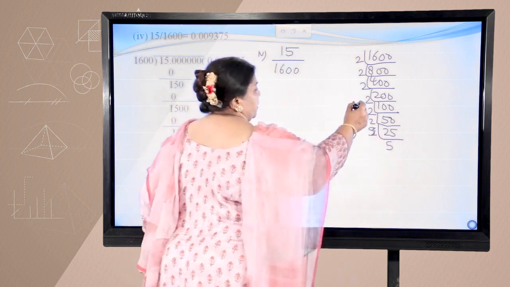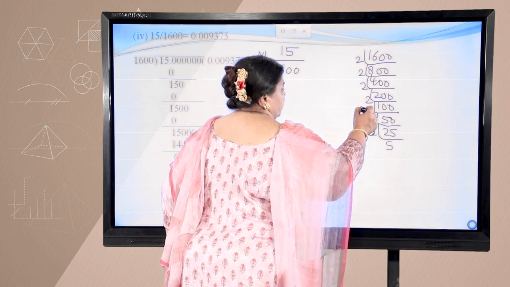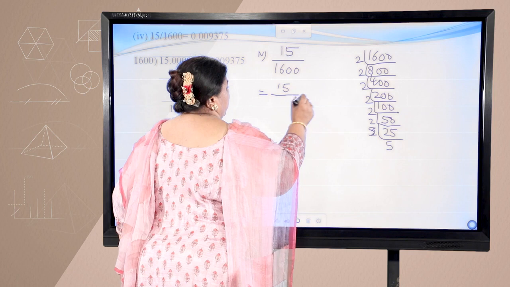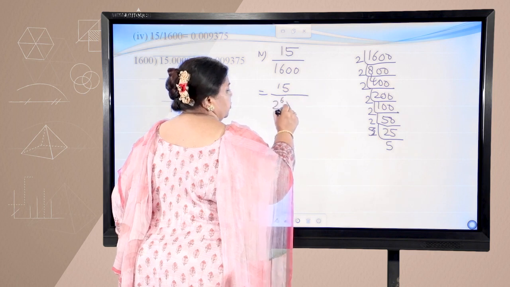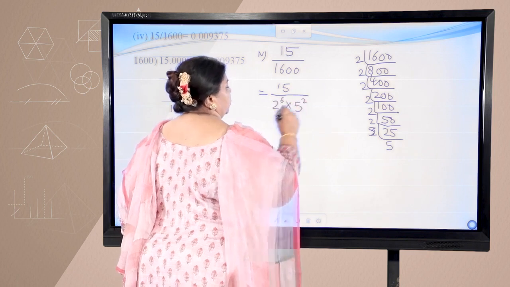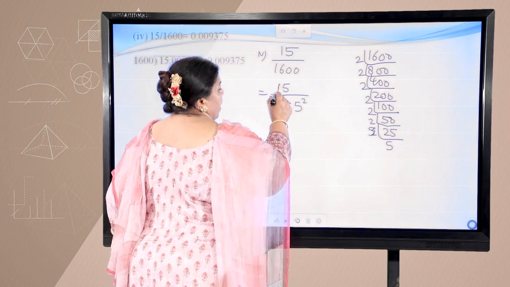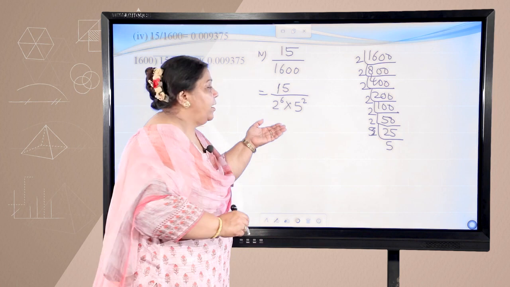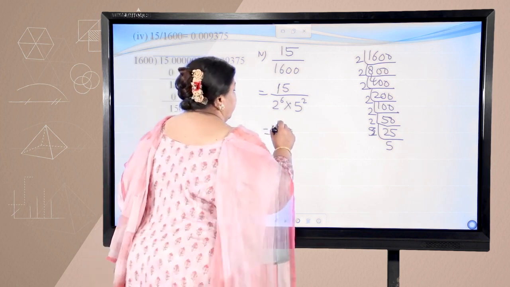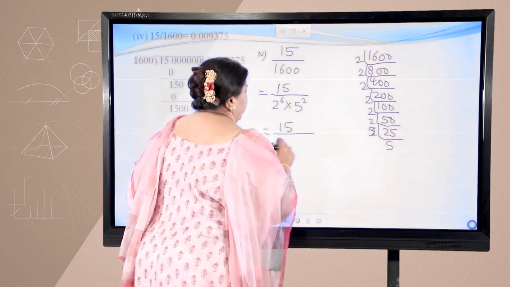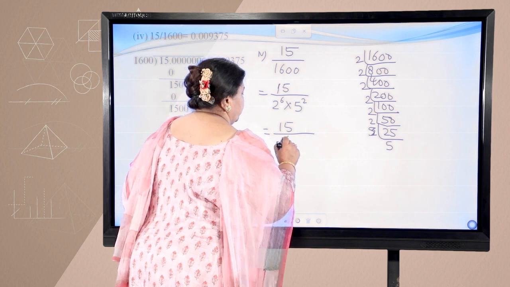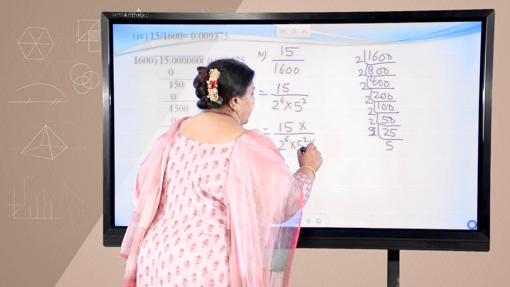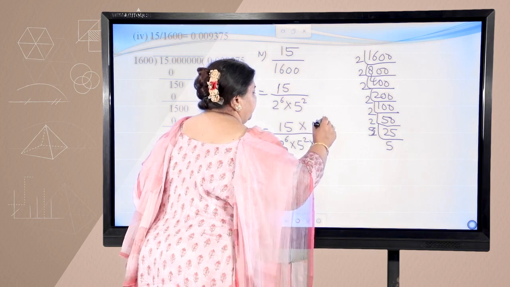So, it is 2 power 6 into 5 power 2. Our approach is to make the denominator a power of 10. How can we do that? We can take this as 2 to the power 6 into 5 to the power 2. Let us multiply and divide by 5 power 4.